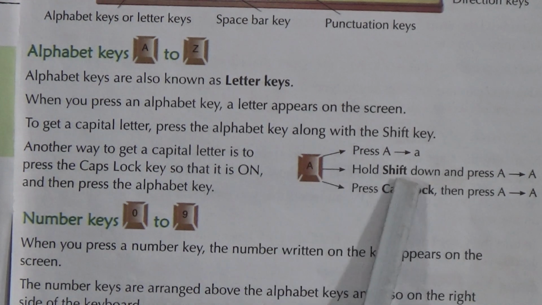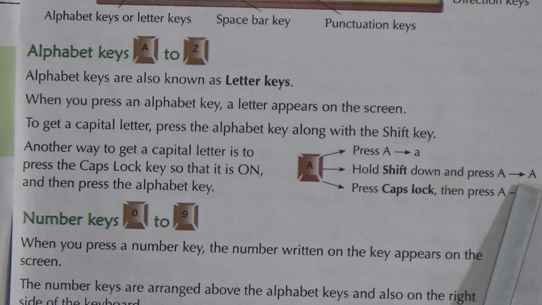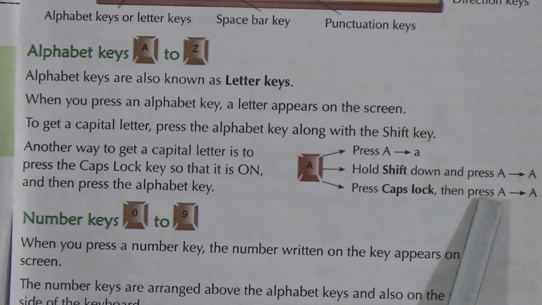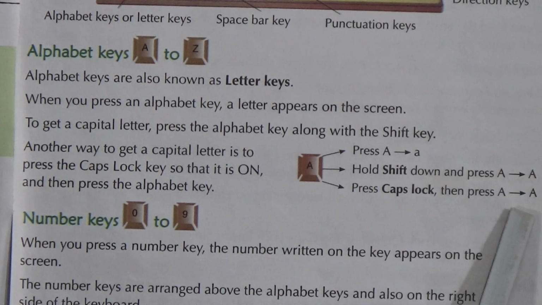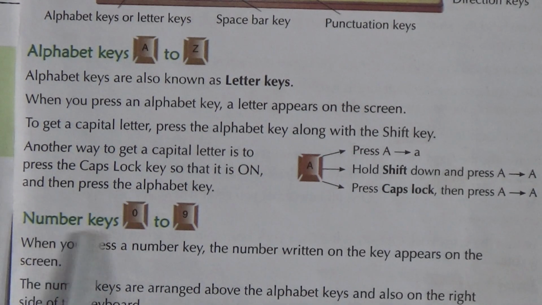And if you hold shift together with it and then press A, you'll get capital A. And if you turn the caps lock on and then press A, you'll get a capital A too. That's how it works.